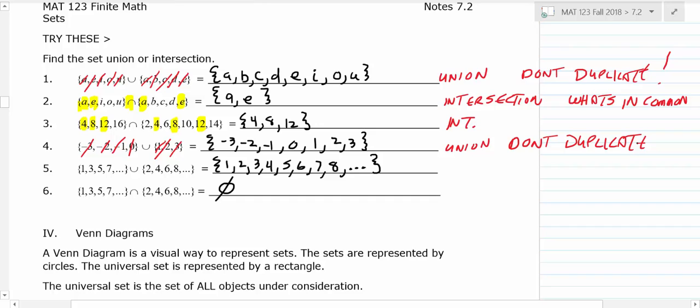Okay. All right, next one again is set union. So again, what you're going to do is write things down, but don't duplicate. 1, that's there. 2, that's there. Try to put it in order. 3 is there. 4 is there. 5 is there. 6 is there. 7, 8. Now these ellipsis things right here just mean that it's going to go on forever, because these are infinite sets.